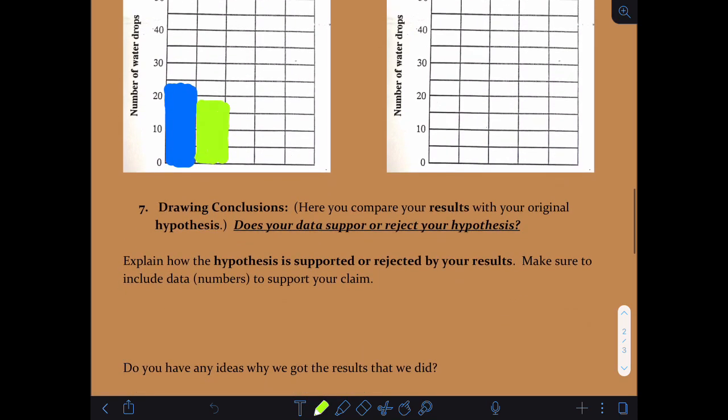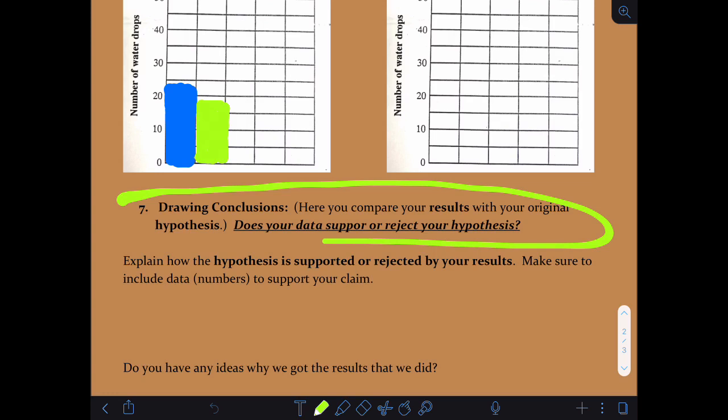When you come down here, another important part is drawing conclusions. Does your data support or reject the initial hypothesis? This is a really important point. And to do that, you're going to have to make sure to include data and numbers to support your claim.